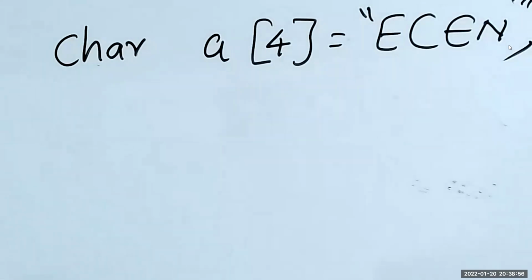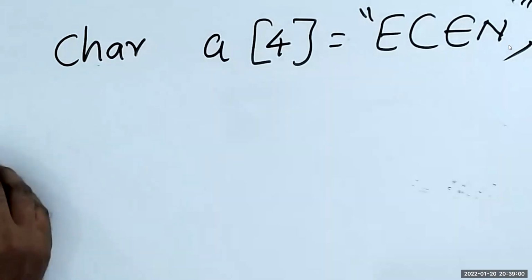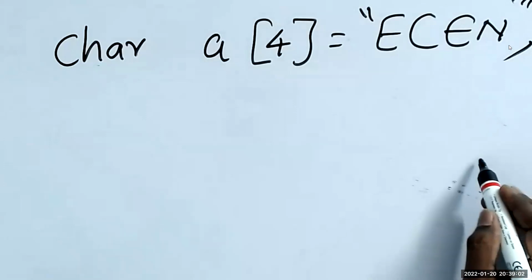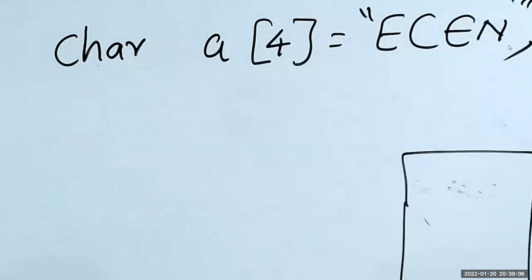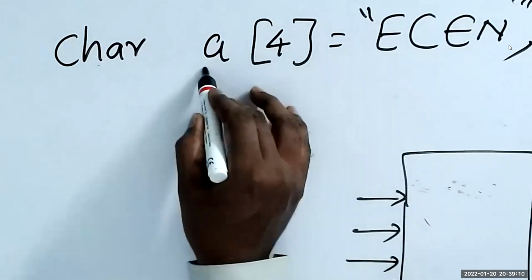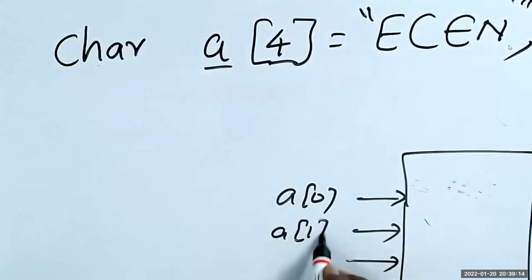If I do this, then the compiler, what it does is, in memory, it allocates 4 spaces. A of 4: A of 0, A of 1, A of 2, A of 3. Am I right?